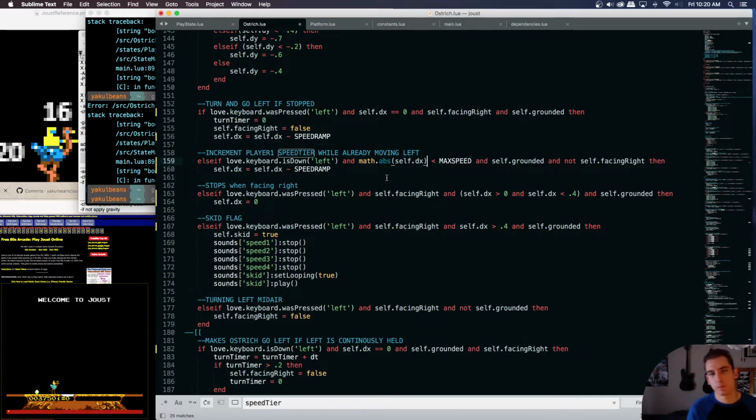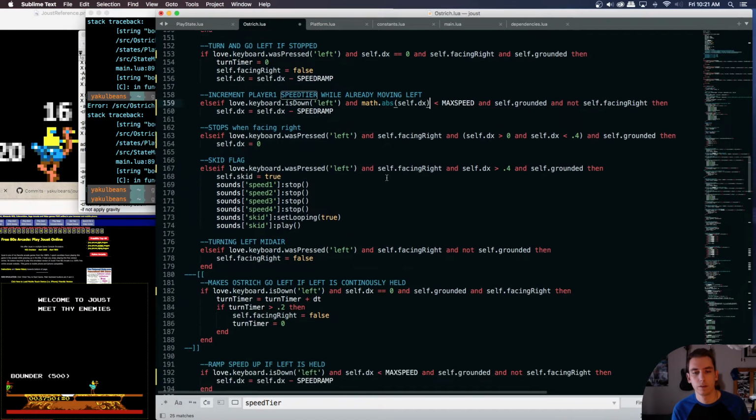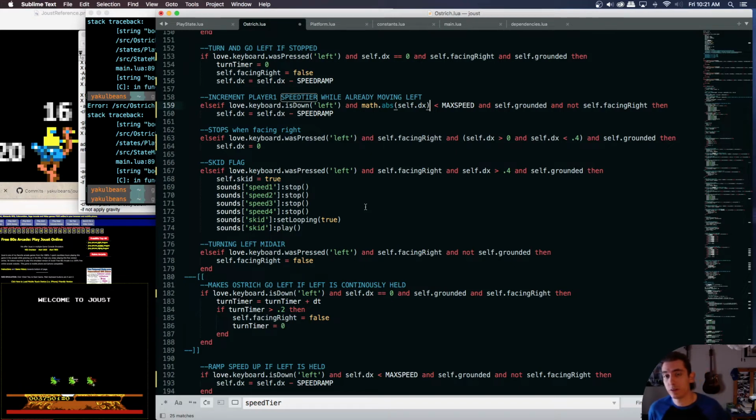Yeah, we only ever want to see if our dx is, wait just a second, and it's smaller. Okay, yeah. Because if we're moving left, our speedTier is always going to be smaller than max speed, but we want the absolute value.